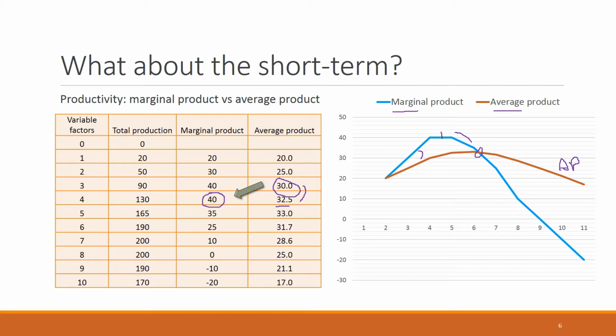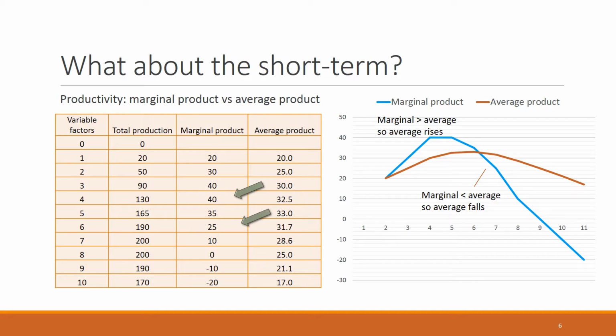The marginal product is lower than the average product. As you can see here, we have 25 compared to 33, and that will actually pull down the average product from 33 to 31.7. So over here, marginal is less than average, and therefore that will pull down the average as stated here. Whenever marginal is less than average, the average will fall.